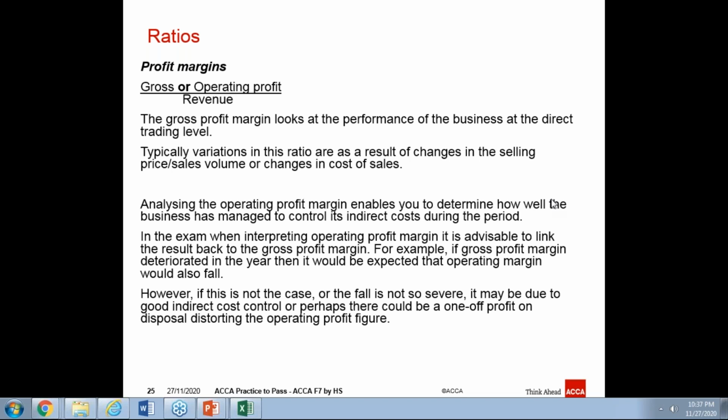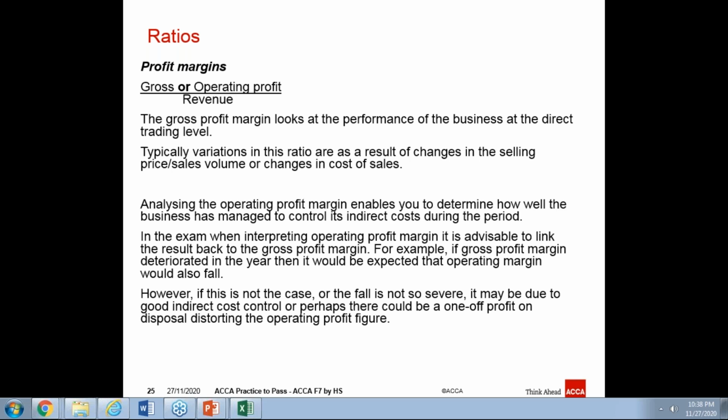One-off income means the income which we have earned in the current year, but which will not be repeated in the future. Like there might be one-off investment income, there might be one-off profit on disposal. If you have earned a profit on the disposal of a non-current asset, it will not be repeated in the future.